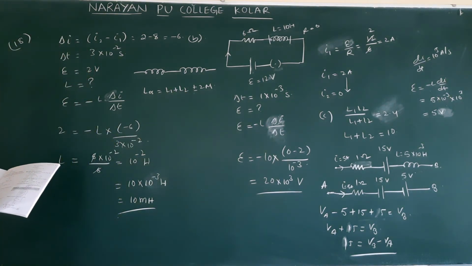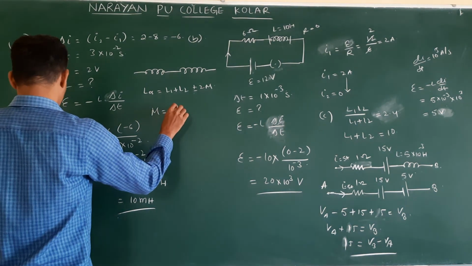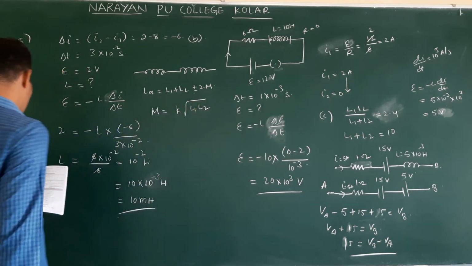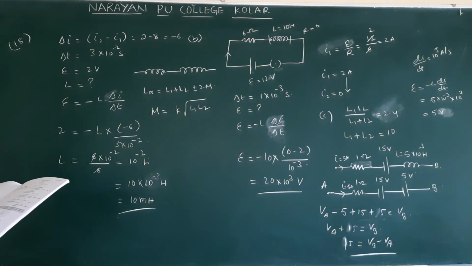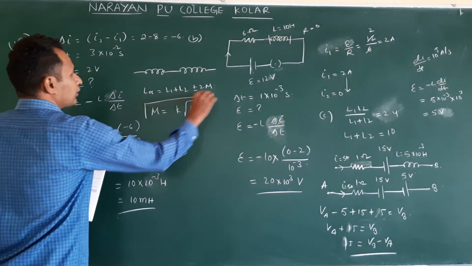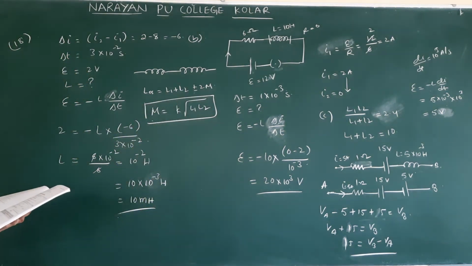And one more important formula: the mutual inductance M of two coils having self inductances L1 and L2. M is equal to K into square root of L1 into L2, where K is the coefficient of coupling. They will provide that. K equal to 1 is the maximum, square root of L1 L2. For loose coupling, less than that. Clear? This formula is important.